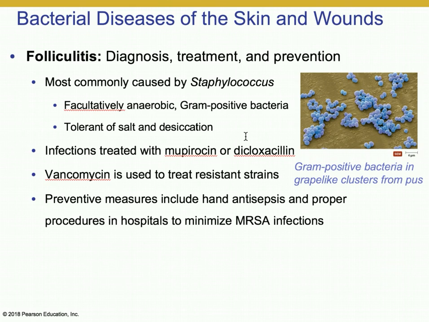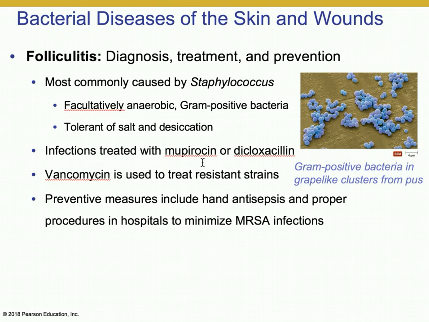They are, of course, tolerant of salt and the dry conditions found on the surface of skin, so they may be commensals that then become opportunists, or in other cases, as in Staph aureus, they may be transient and then can initiate the disease by virtue of various virulence factors.